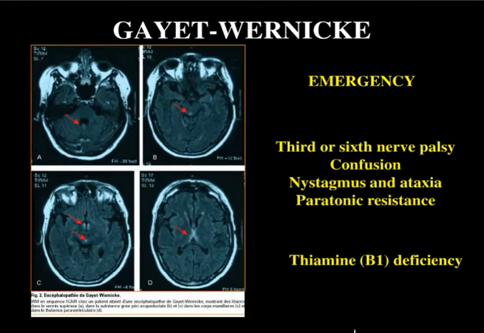MRI can be useful for making the diagnosis of Gayet-Wernicke encephalopathy, which is related to thiamine B1 deficiency, and you can see it is characterized by this periventricular hypersignal.